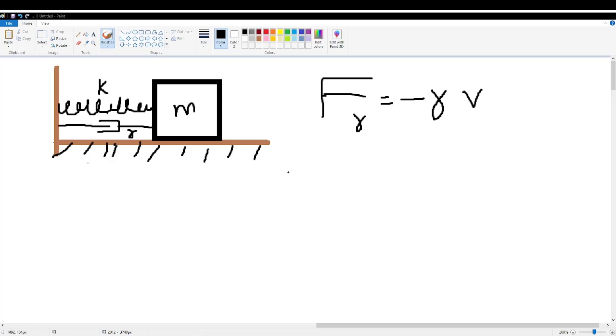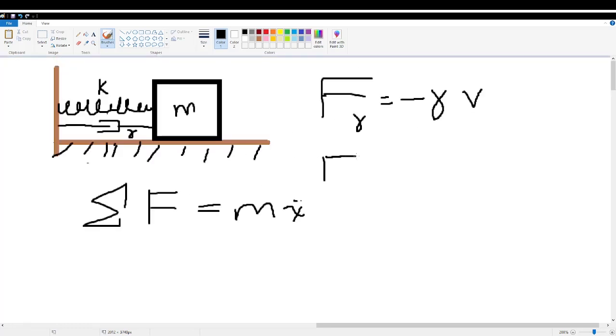So we have, again, the sum of all forces is equal to the mass times acceleration, and we know acceleration is the second time derivative. From this, we can incorporate not only the damping force, but also the spring force. So let's write this back down. And remember, v is actually the same thing as the first time derivative of position.